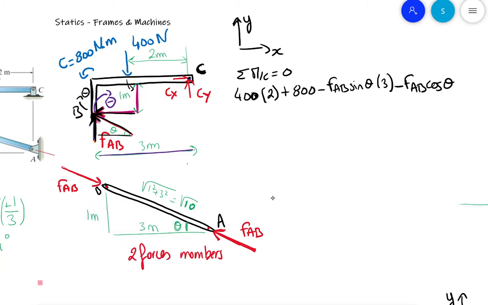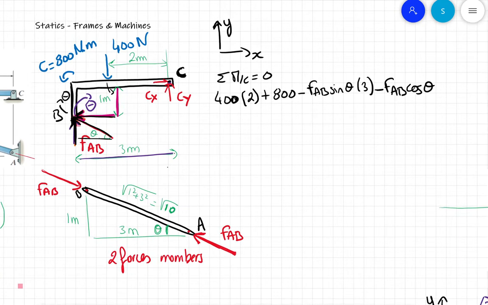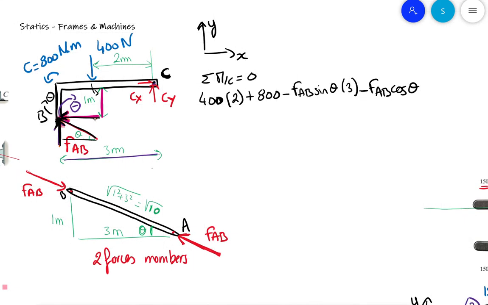If you have a force like this, you can split it in two components like this, or you can split it in two components like this, but you cannot mix them. It's not the same. So minus FAB cosine theta times 1 meter, and it's equal to 0.